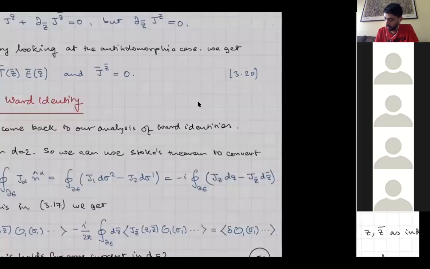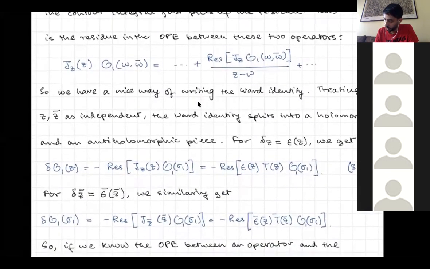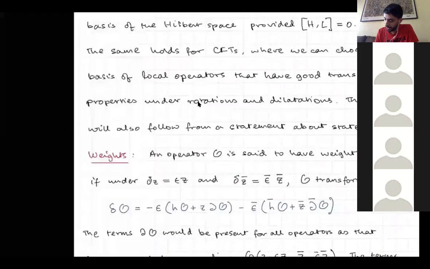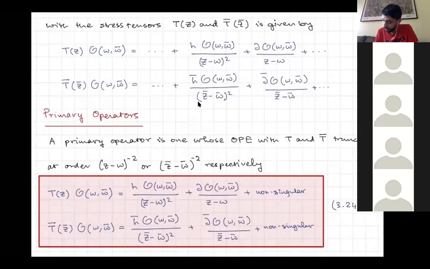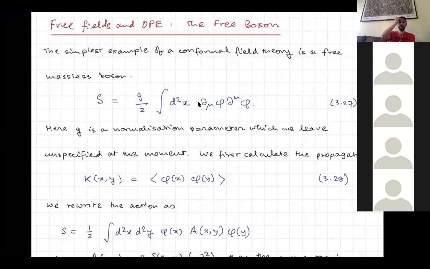Right. So we were looking at the OPEs. What I'm going to be doing in the next bit is to try to make our life simple and look at an example. We are going to do the simplest example of a CFT. This is going to be a free massless boson.